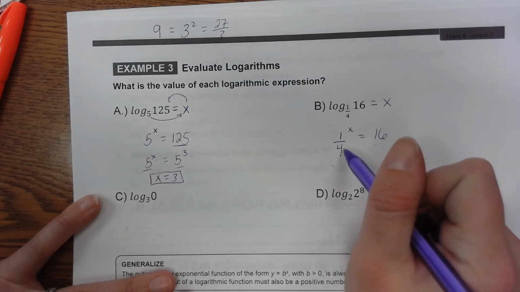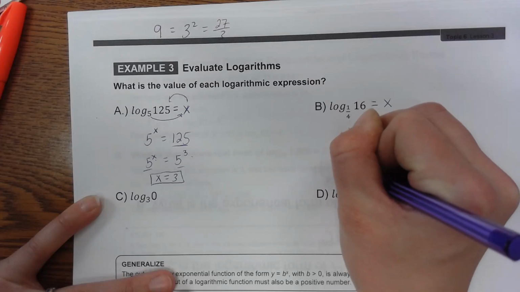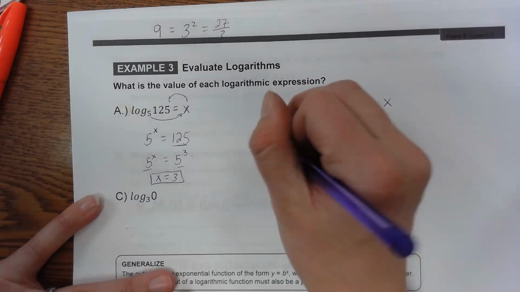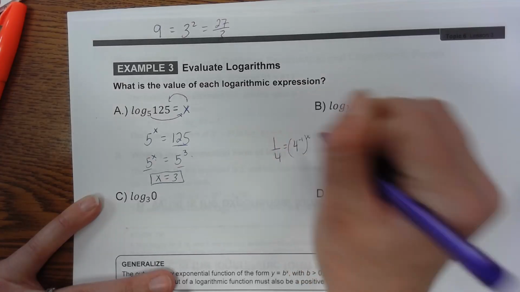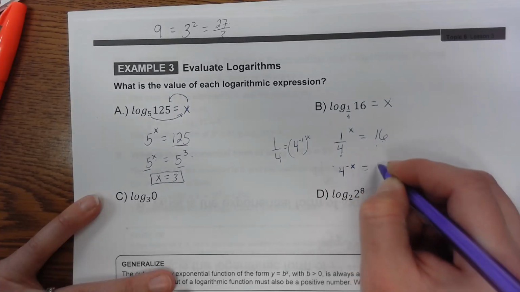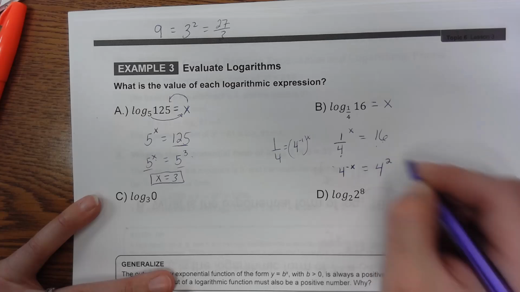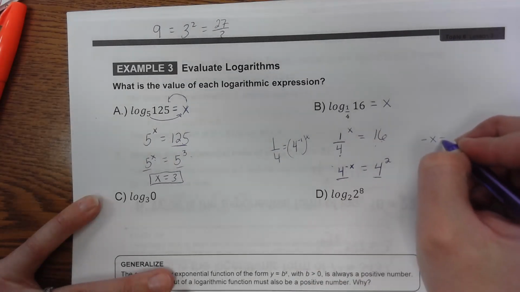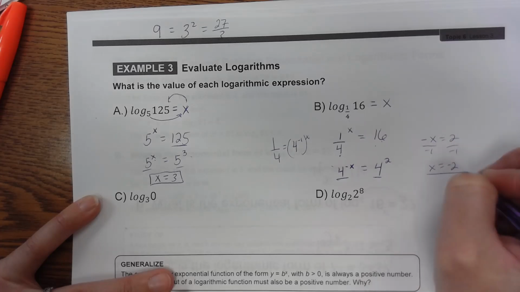So what I'm going to do is bring my 4 up, which means then I'm going to have a negative x, because this is really 4 to the negative first times x. Okay, now how do I rewrite 16 as a base 4? Well, 16 is 4 squared. I got my same base. I'm going to set my negative x equal to 2, and I get that x is negative 2.